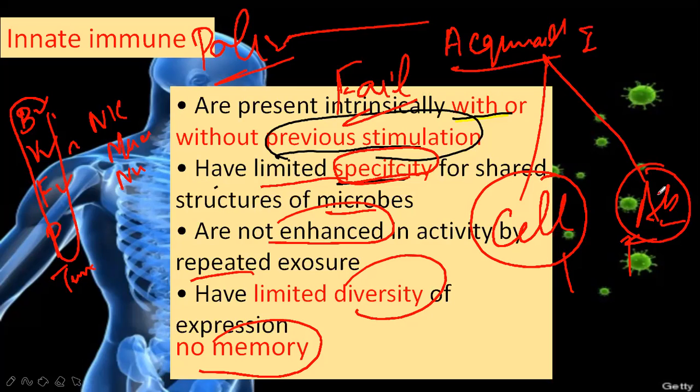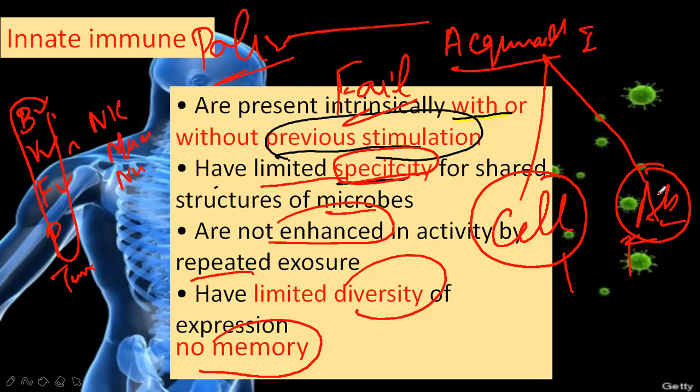So in acquired immunity, we have just 5 antibody classes and just 2 cell types, but diversity and memory. T cells can memorize viruses. I'll give you one example.